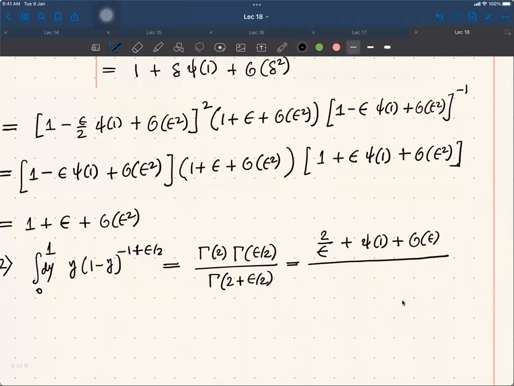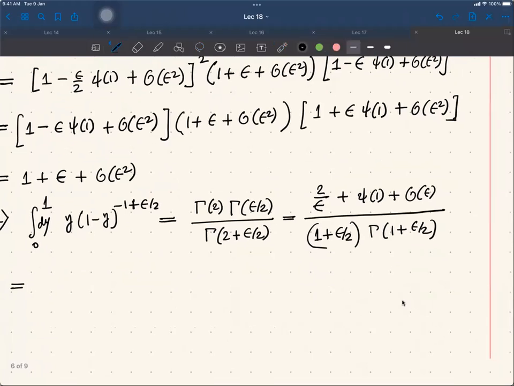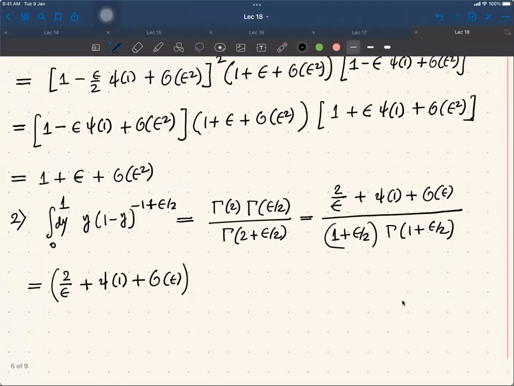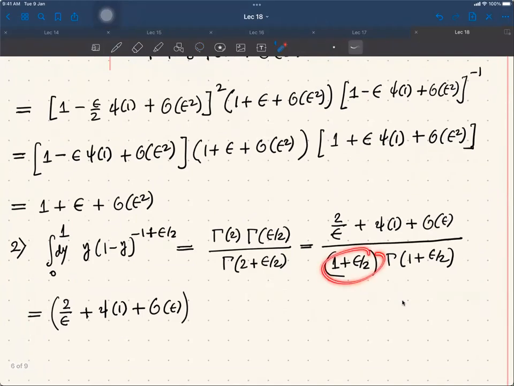Gamma 2 plus epsilon by 2 is 1 plus epsilon by 2 times gamma 1 plus epsilon by 2. One plus epsilon by 2 inverse is given by 1 minus epsilon by 2 plus order epsilon square.